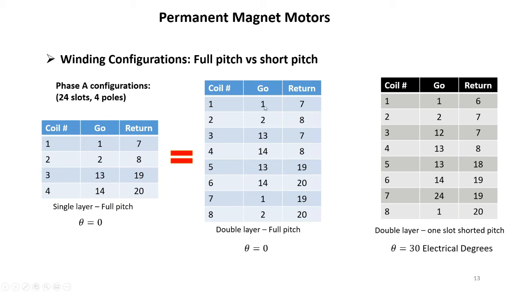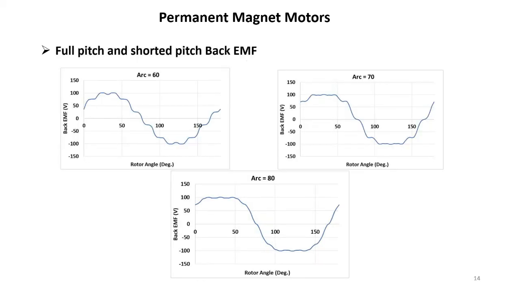The coil used to go 1 to 7, 2 to 8, but now it goes 1 to 6, 2 to 7. It's a simple difference. We make it one slot shorter, and this one slot shorter is 30 electrical degrees for our case, which is the 24 slot 4 pole. You can see the differences come clearly here.